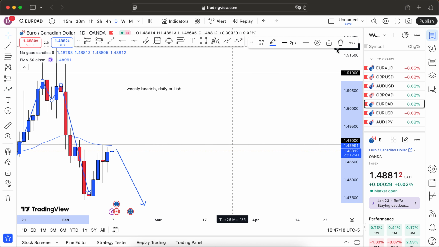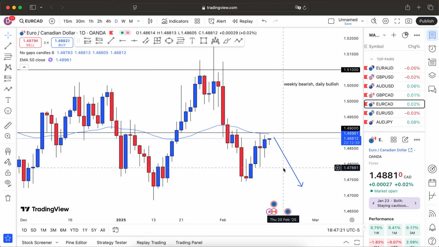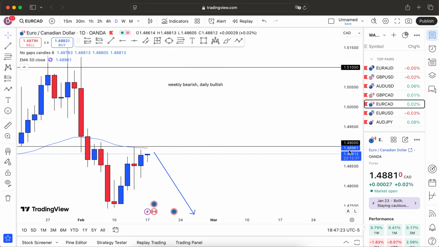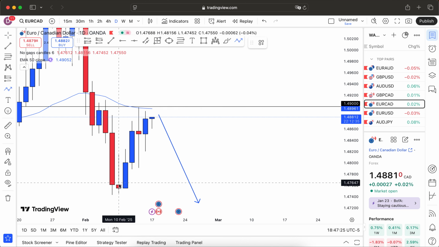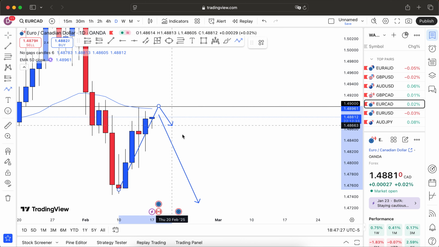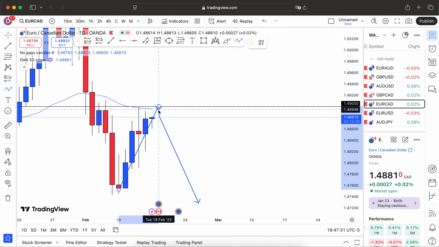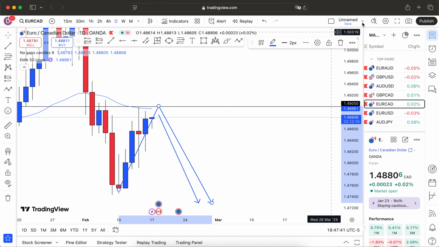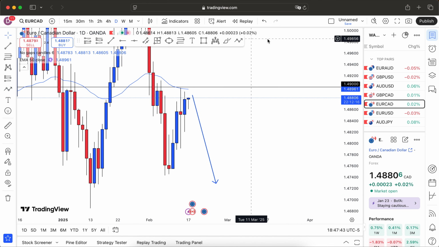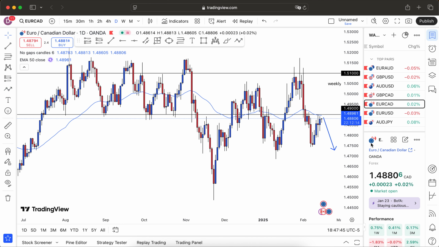So now all we are anticipating for the price to do is to retrace all the way up to this round psychological 149,000, retest it, and give us some kind of rejection candle or rejection signals. Once we see enough rejection signals, we're going to take a sell to the downside for the price to continue making lower highs and lower lows.